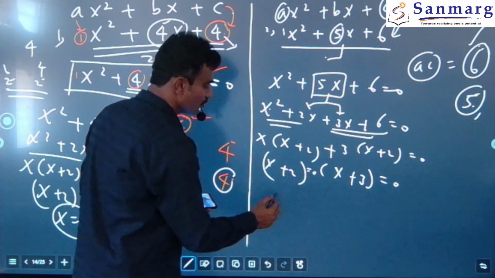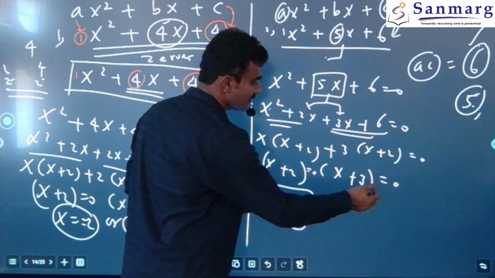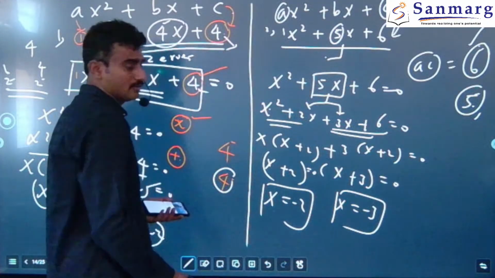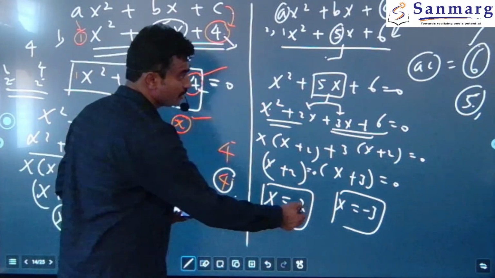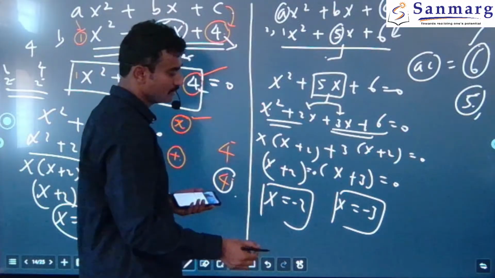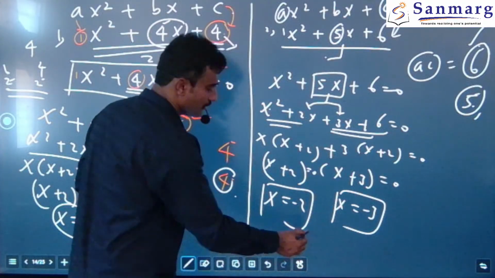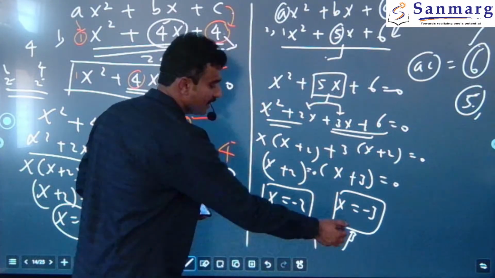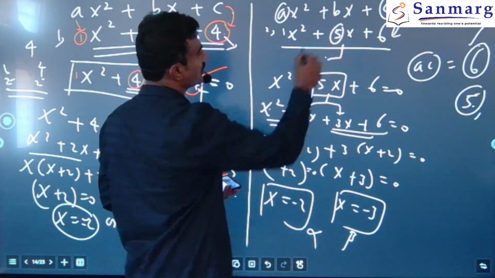So if x plus 2 is equal to 0, x will be equal to minus 2, or x plus 3 equal to 0, we will have x is equal to minus 3. The answers which we got, we call them zeros of the quadratic equation, or roots of the quadratic equation, or we can represent these using symbols alpha and beta. Alpha and beta represent the zeros or the roots of the quadratic equation.